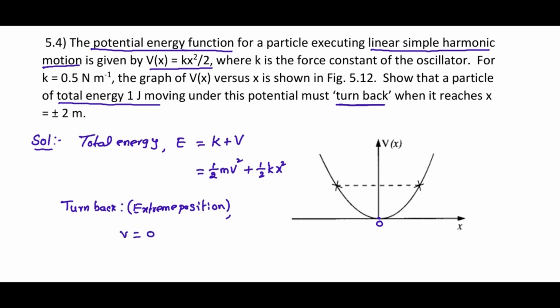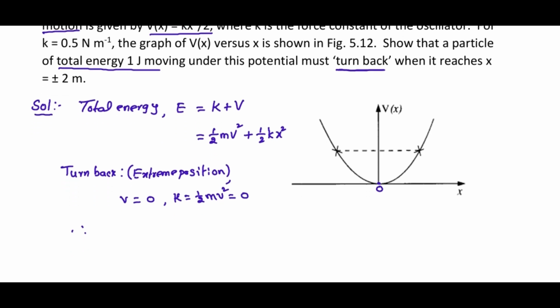That is, velocity of the particle is 0. Hence, kinetic energy, half mv square, is equal to 0. Therefore, the total energy will be available only in the form of potential energy, that is half kx square.